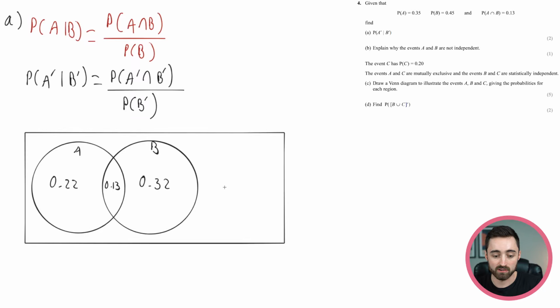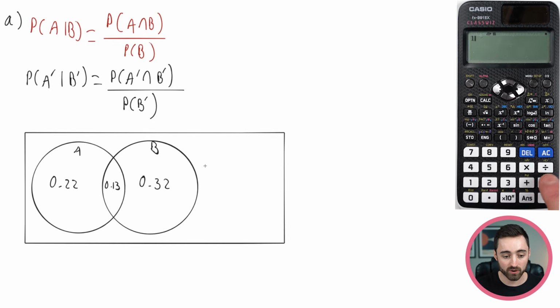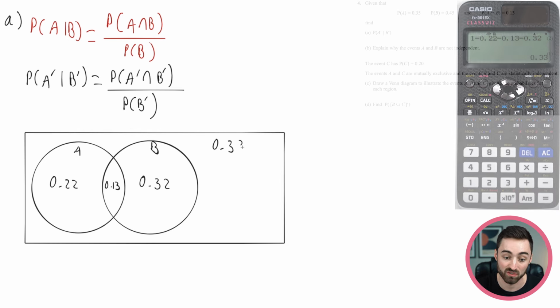So what we want is not A and not B. That's just whatever's outside. You can't have A and you can't have B either, so you're stuck on the outside. Everything adds to 1, so 1 minus 0.22 minus 0.13 minus 0.32 gives 0.33, the stuff on the outside.